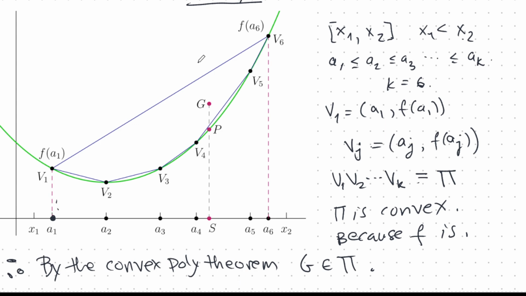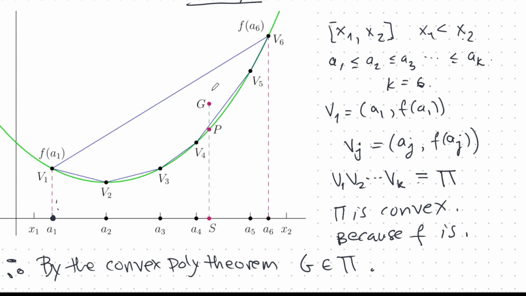If G was outside polygon pi, then Jensen's inequality would not work in this case. I'm sure you can see that. It has to be below this line. G has to be below this line. Otherwise, it won't work.